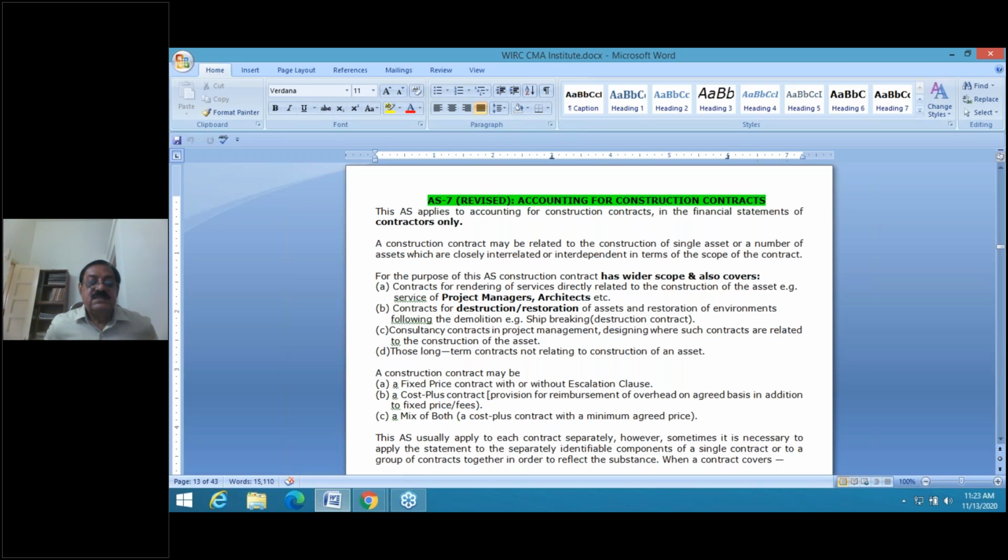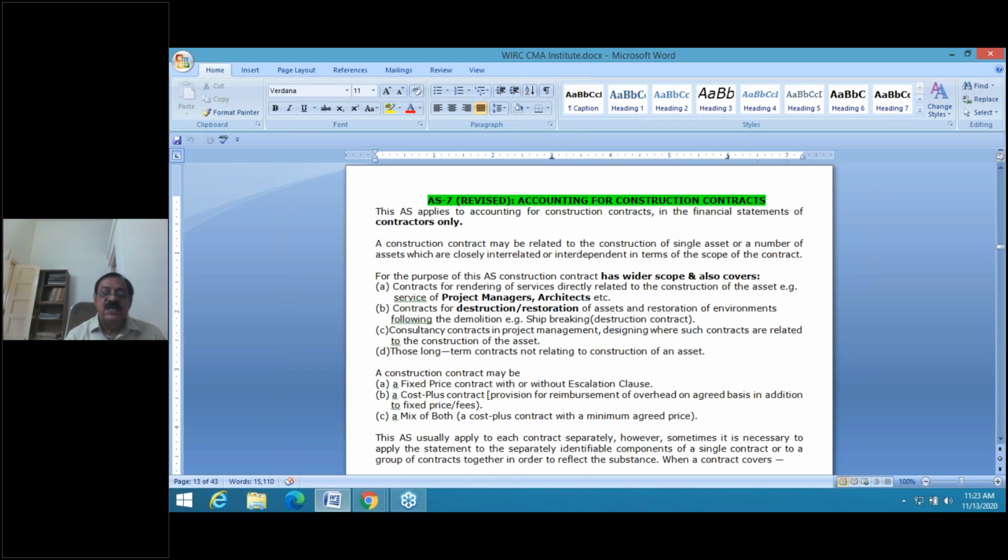So project managers and architects will also recognize their fees as per this AS. Also contracts for destruction or restoration of assets and restoration of the environment following demolition. As I said, this is a very wide scope. So it includes destruction of assets also, like shipbreaking. This is a destruction contract.